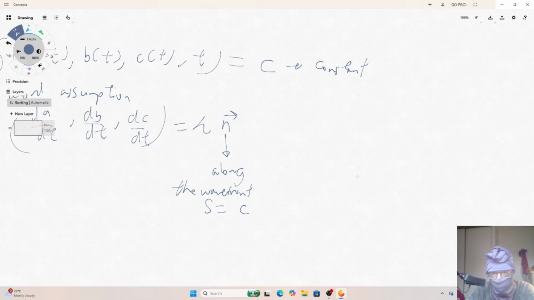So it would be proportional to, say, the gradient, which is normal to the wavefront.